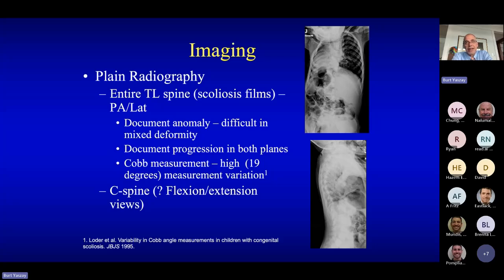Interestingly enough, I had a patient referred to me when I was in San Diego that had treatment for their congenital scoliosis in the thoracic and lumbar spine and never had an x-ray of their cervical spine, because in the other institution where they were treated, neurosurgery, as a pediatrics service, did the cervical spine, and orthopedics did the thoracic and lumbar spine. And when they came and saw me, it was the first time as a teenager that they were told they had congenital anomalies in the cervical spine as well.